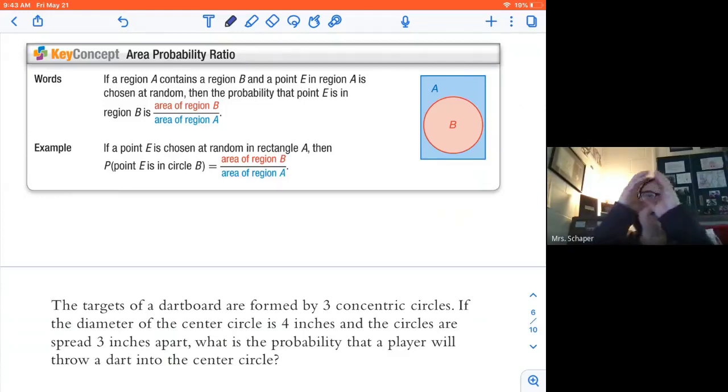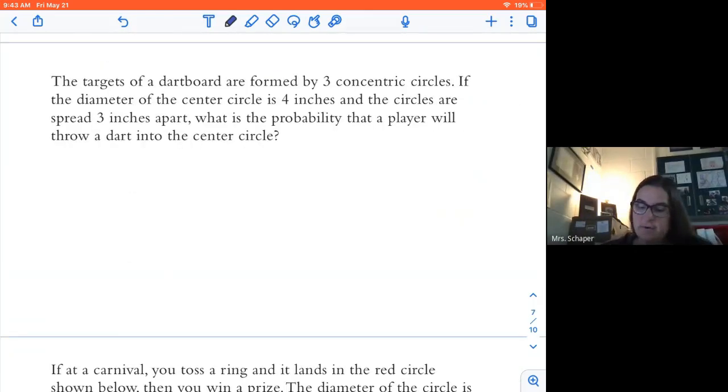All right, what's the area of this part that you want it in? What's the area of the whole thing? So if targets of the dartboard are formed by 3 concentric circles, that means 3 circles on the inside.